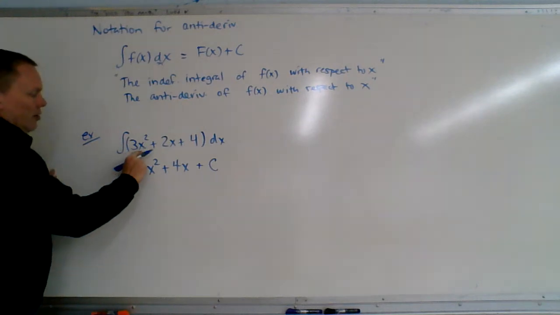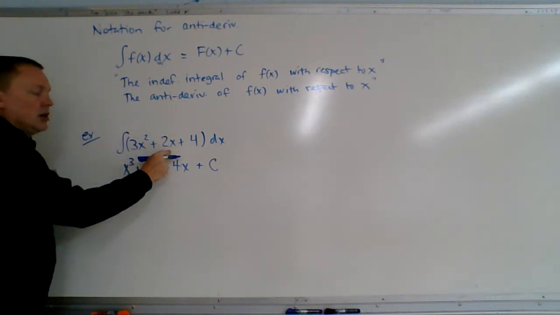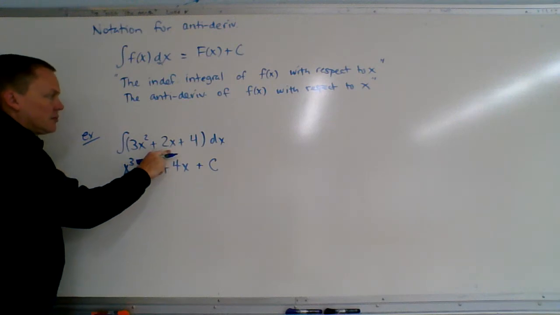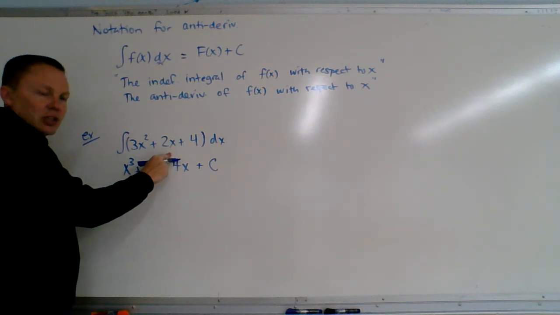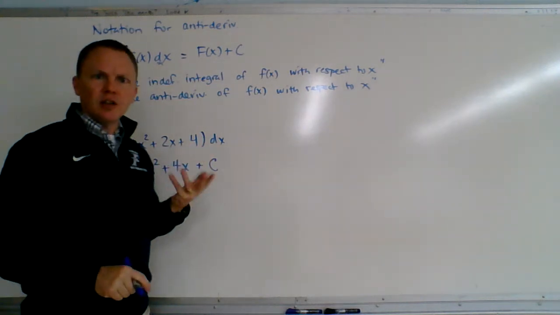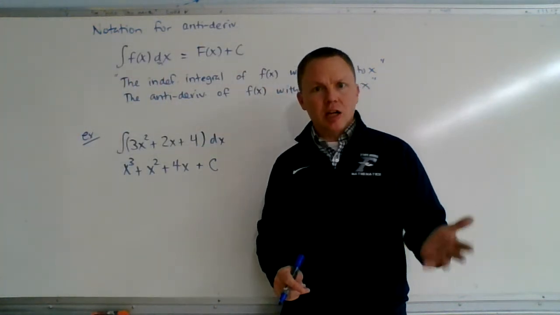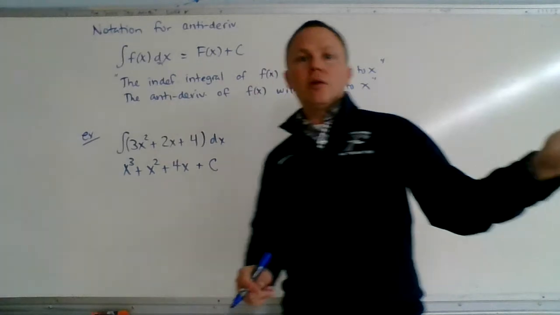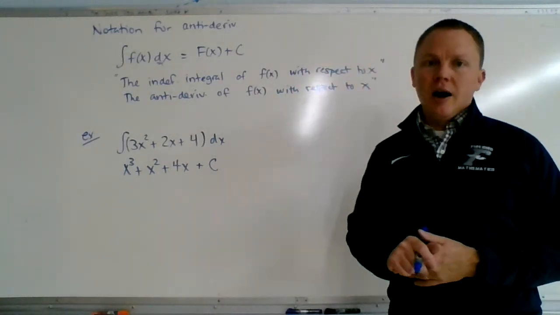Well, I looked at 3x squared and I know that's x cubed; when I take the derivative of x cubed, I get 3x squared. 2x, I know how to do that. If I have x squared, the derivative is 2x. And if I have a constant 4, what function would have a derivative that's equal to a constant 4? A linear function, 4x. And then there's my constant of integration.